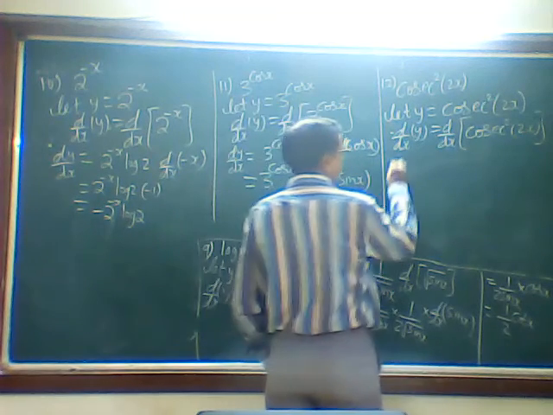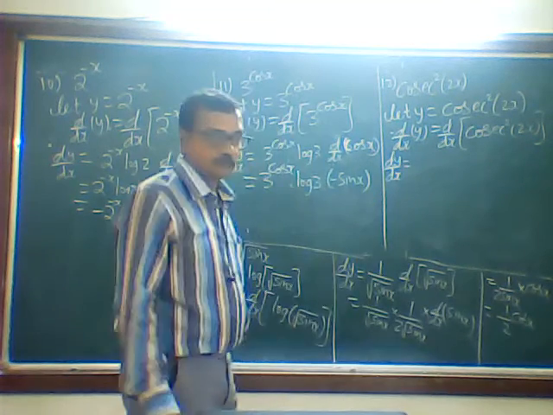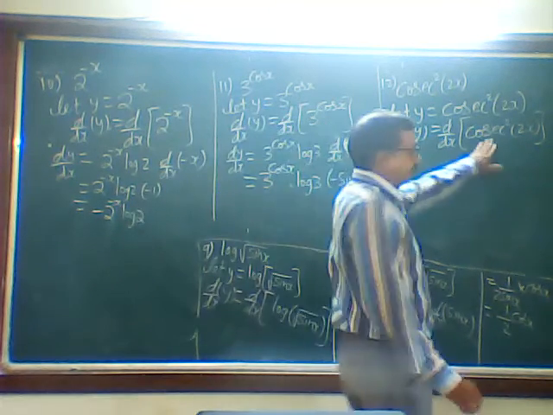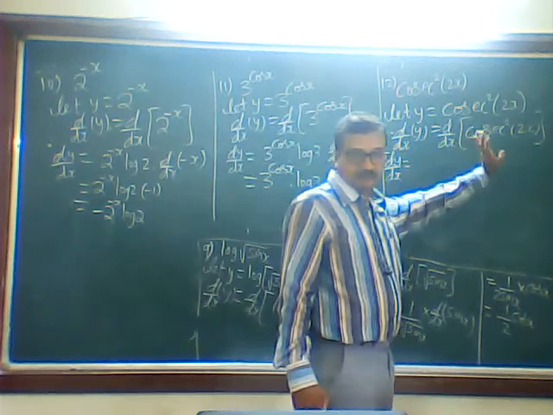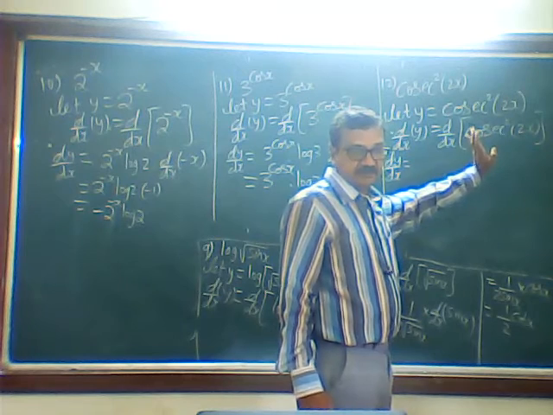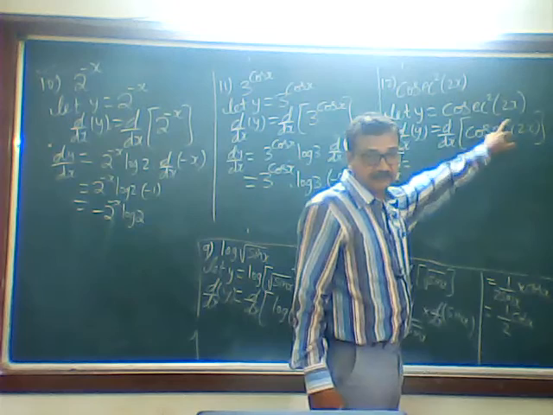So dy by dx is equal to, okay. Now cosec square of 2x, we don't have a formula. So first we have to think whether it is there in the list. No. So first we have to do power differentiation.